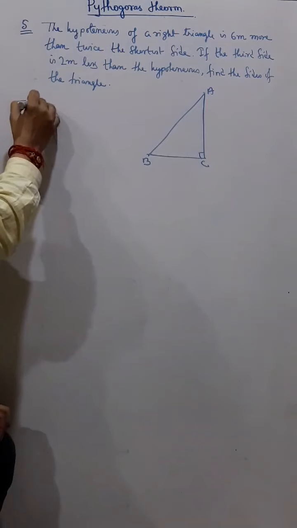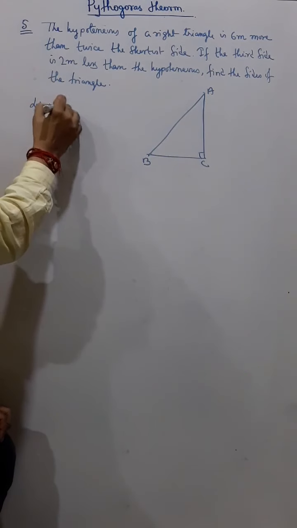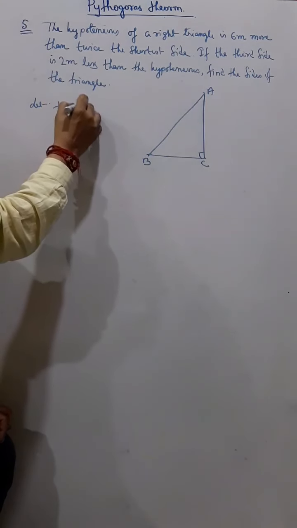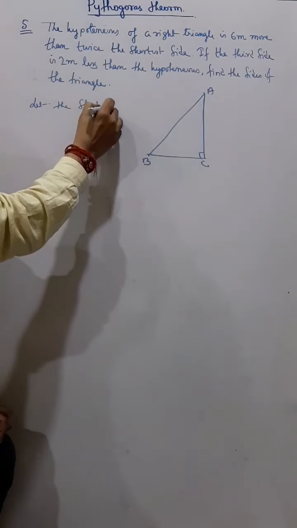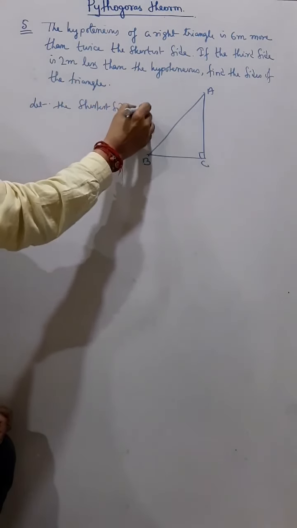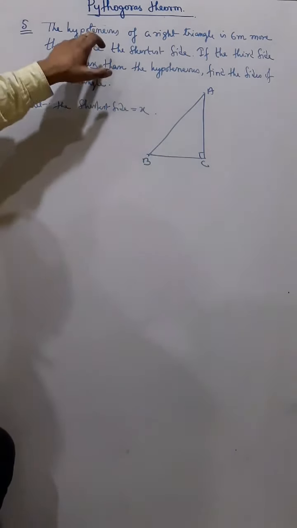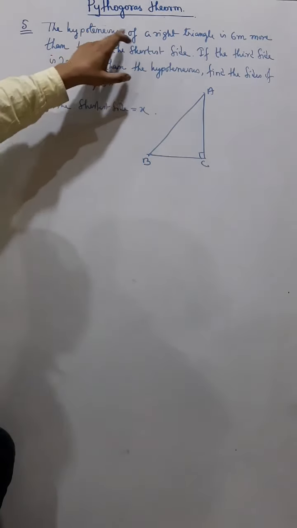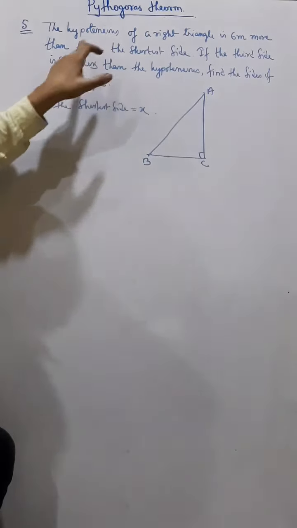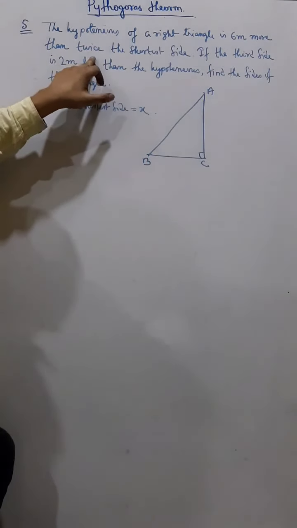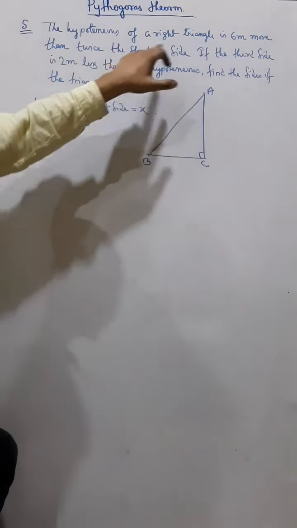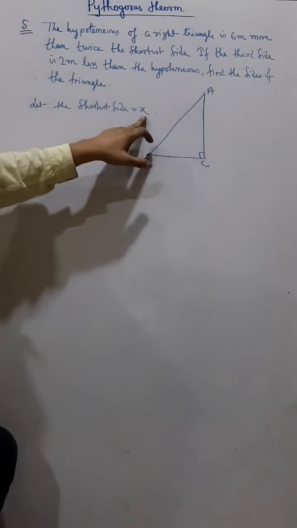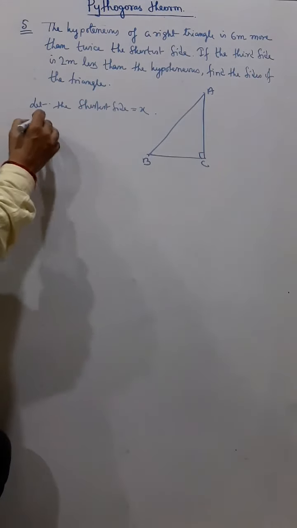Now let us start with the shortest side equal to x, because you can understand the hypotenuse is related with the shortest side. What they told, the hypotenuse of a right triangle is 6 meter more than whom? More than twice the shortest side, and hence I have started with shortest side as x.